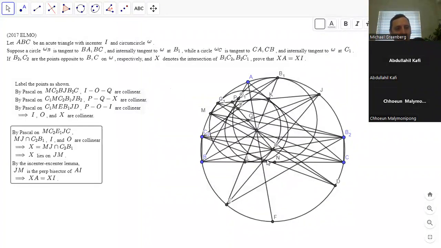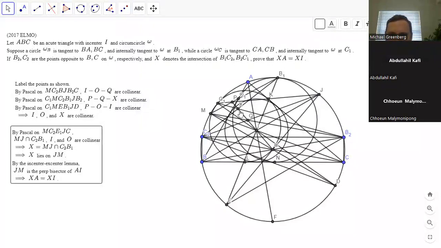So let's see if this proof is right. So we have MC2B and JB2C. So those would be the points Q, O, and I. Okay. And then we have C1, M, C2, and B1, J, B2.